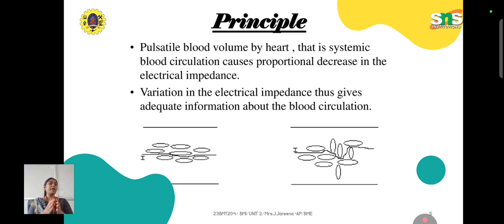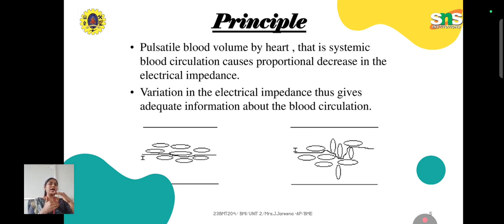Whenever the blood flow is high, your skin resistance will change accordingly, and whenever the blood flow is less, your skin resistance changes accordingly. When the blood vessel is flooded with so much blood, during contraction, you can see changes in skin resistance. Because of the high blood, you have high conductance, and as a result your skin has low resistance.